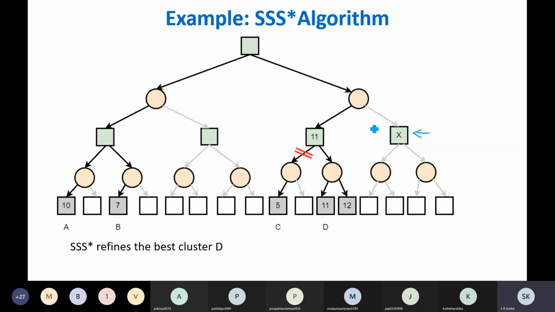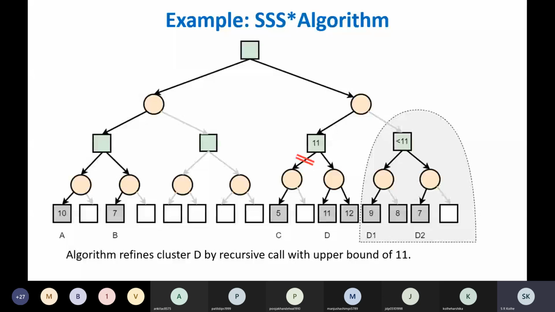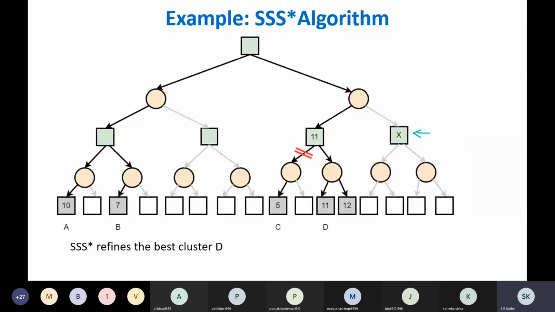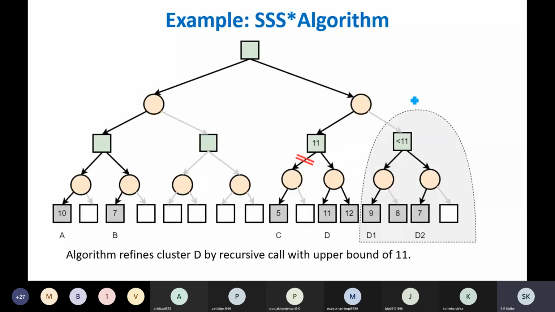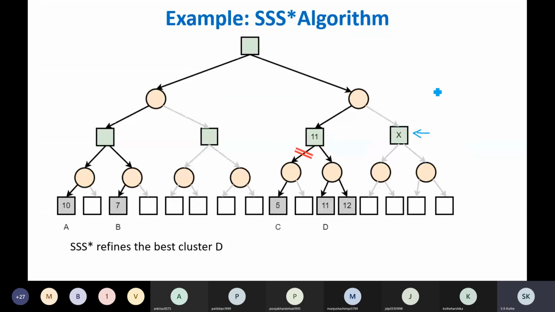Any question up to this? No, sir. Now the same process will be repeated for this X. I will show it in this way. Consider this part, shaded part. Now our focus will be on this X part, that is the shaded part.